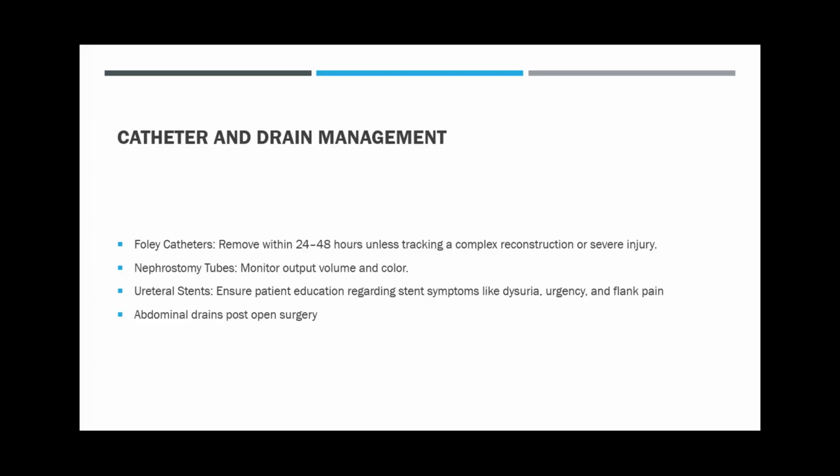And we need also to monitor the nephrostomy tubes. We need to monitor the output, the volume, and the color of the urine. And also we need to monitor the stent and ensure patient education about the stent symptoms. And we need to pay attention to the drain, especially in post-open surgeries.